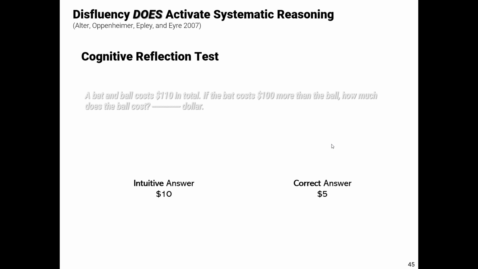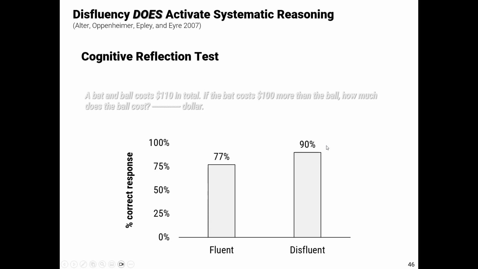So they hypothesized that if disfluency initiates systematic processing, then people should perform better on these tests. And they found that when the items of these tests were presented in hard to read font, as you can see on the screen, people performed better, answering a greater proportion of the questions correctly, compared to when the items were presented in easy to read font.